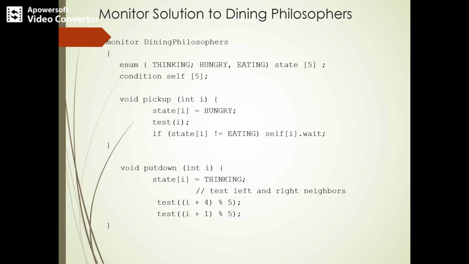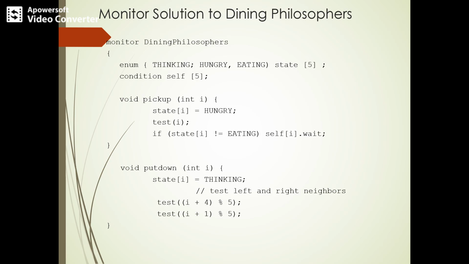So let's describe the solution to the dining philosophers problem. The distribution of chopsticks is controlled by the monitor here, and each philosopher before starting to eat must invoke the operation called pickup. You can observe the pickup, and after a successful operation the philosopher may eat. So she tries to pick up, and it will check the state.